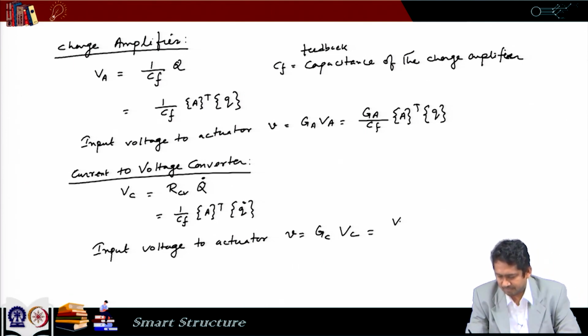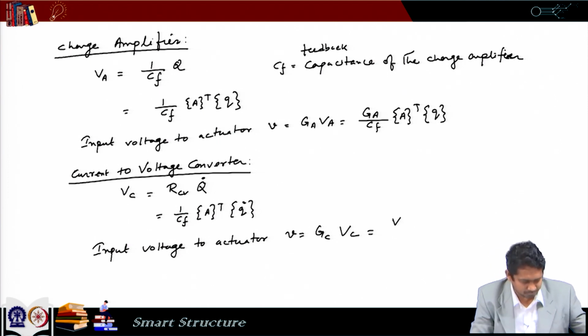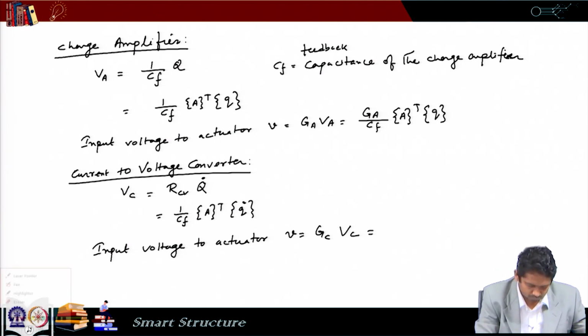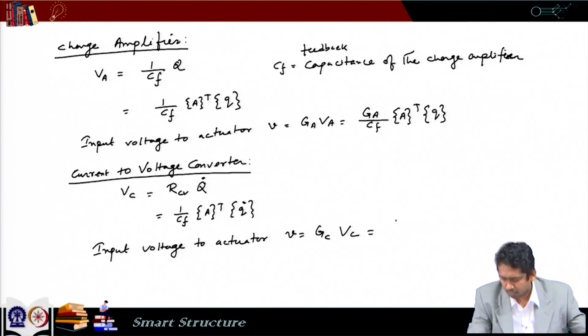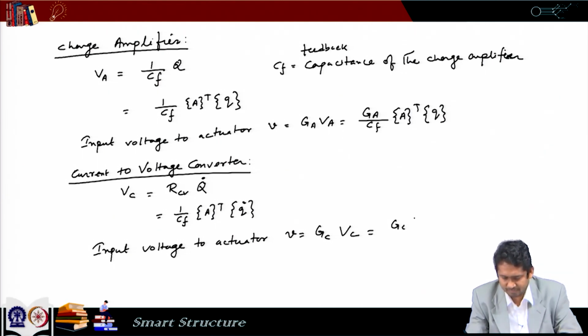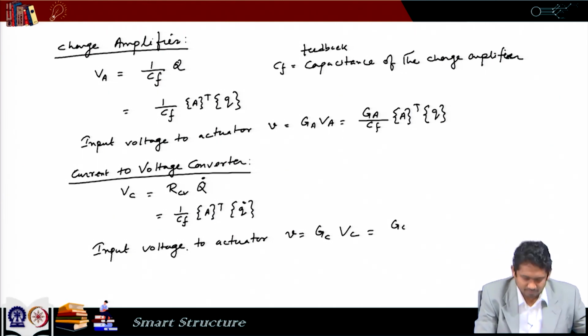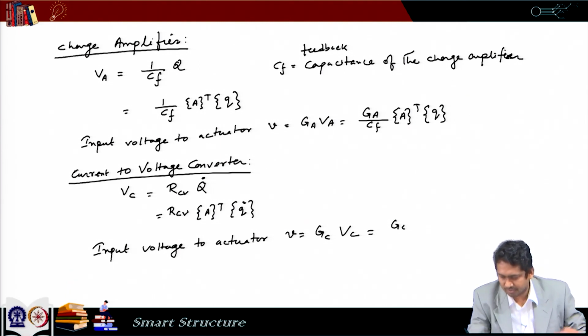So, it becomes G C, right, it is not R C, R C V. So, G C multiplied by R C V, A T, Q dot.